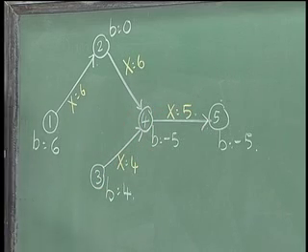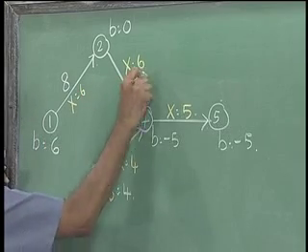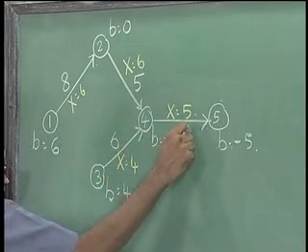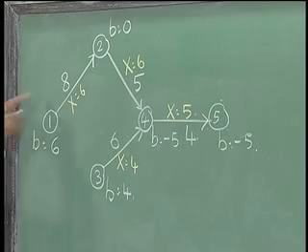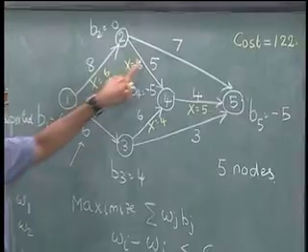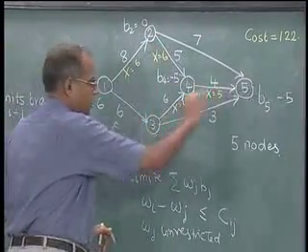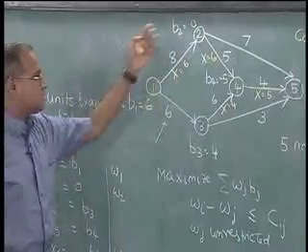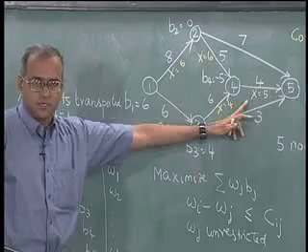The costs associated are 8, 5, 6 and 4 respectively. Now, these 4 arcs represent the basic variables associated with this basic feasible solution. Now, there are 5 nodes and this basic feasible solution will now have 4 arcs in the solution.